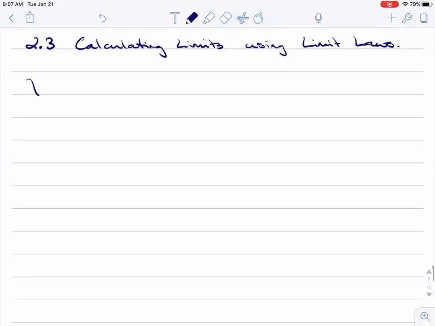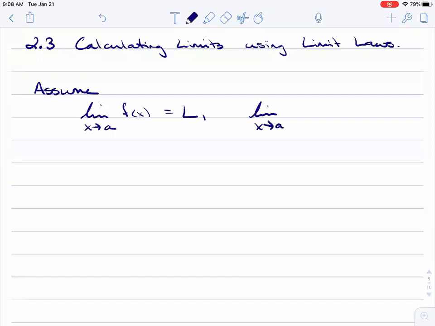So assume, clean this up, we're going to use it a lot, the limit as x approaches a of some f of x is, we'll call it L1. And also the limit as x approaches a of g of x, some other function, we'll call it L2. Limit 1, limit 2.